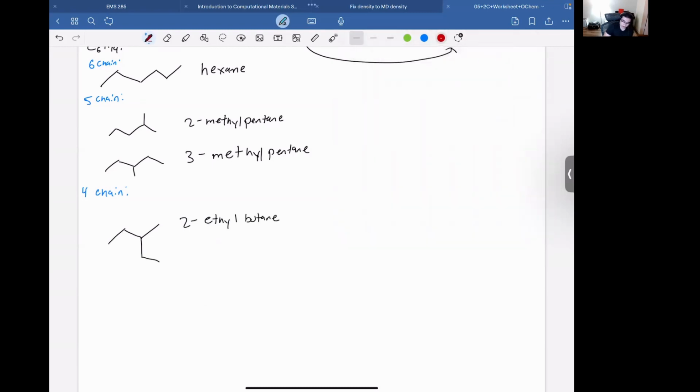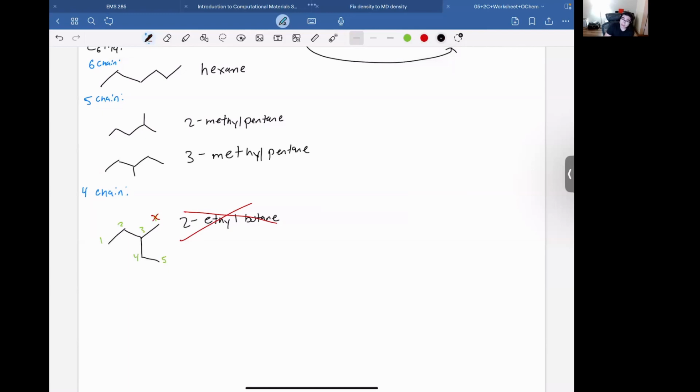Why is this wrong? Because now you're not following the normal naming conventions. How? Because now the longest parent chain is not 1, 2, 3, 4. The longest parent chain is 1, 2, 3, 4, 5. Right? Putting the 4 there would be wrong.